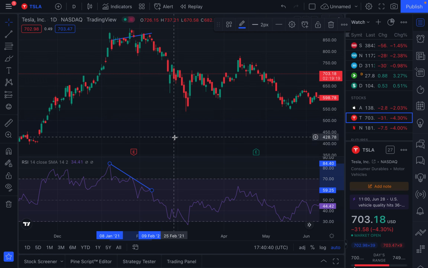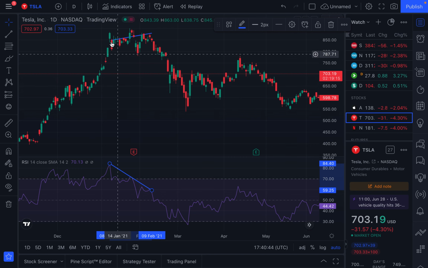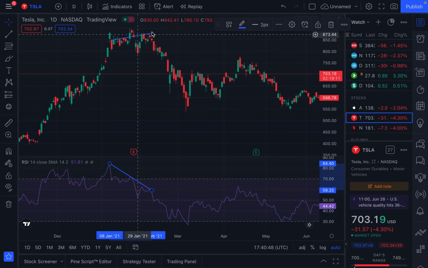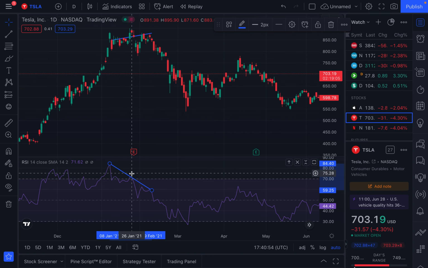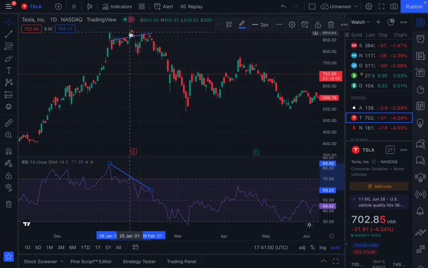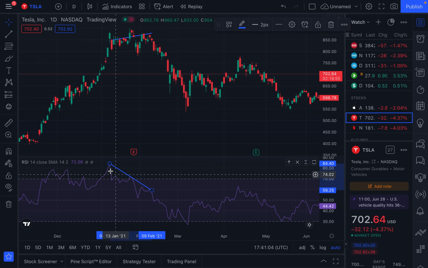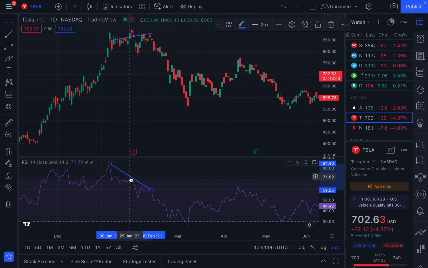Again, we see that these lines are pointing in different directions. Over here, when we connected the tops, the highs, this was pointing upwards. And over here, when we were connecting the tops, where's it going? It's pointing downwards. So again, this is bearish divergence, characterized by the formation of progressively higher highs in the price candles in the presence of progressively lower highs.